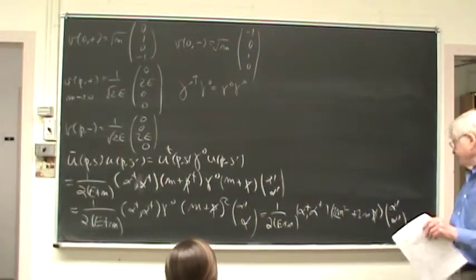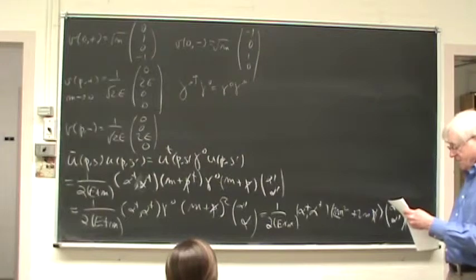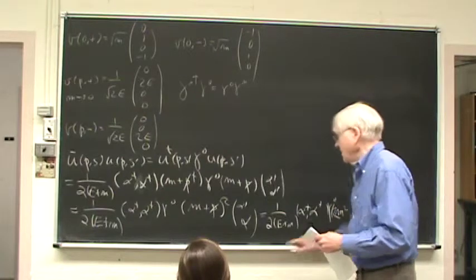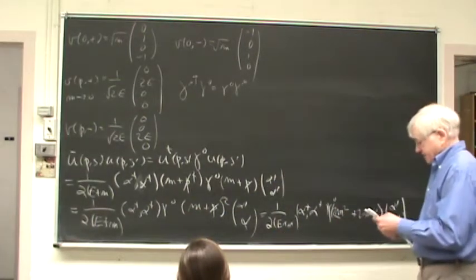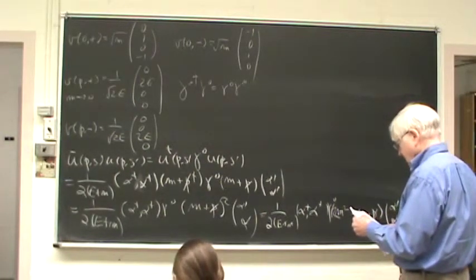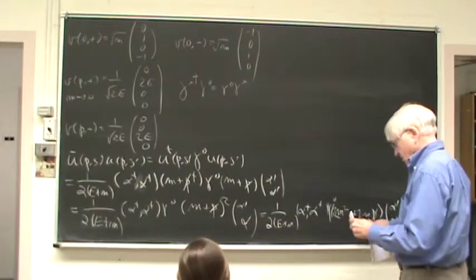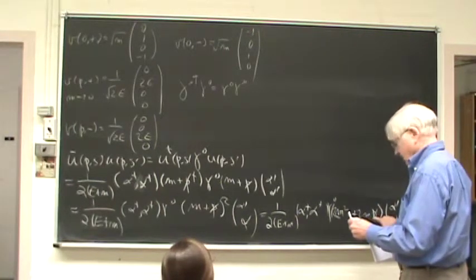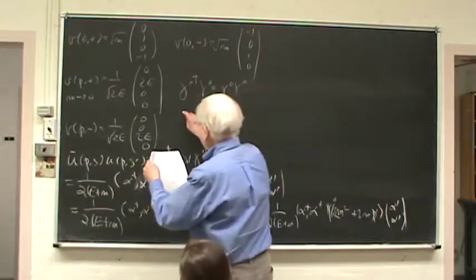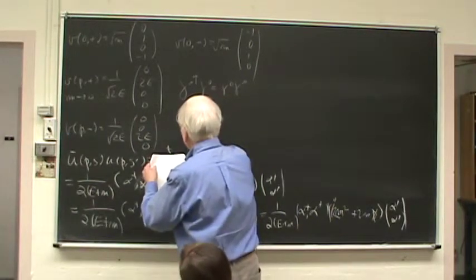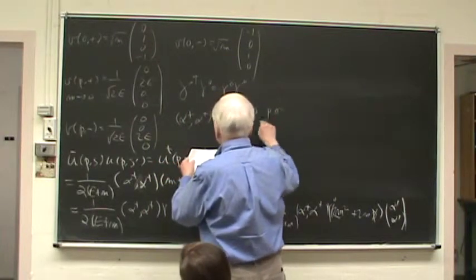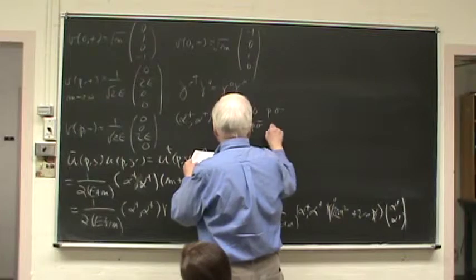And then there's a gamma 0, which I left out. That's that gamma 0. Okay, so if we look at what's in here, let's just look at the gamma 0 p-slash term. Well, then what we have is alpha dagger, 0, 1, 1, 0, 0, p sigma bar, 0.